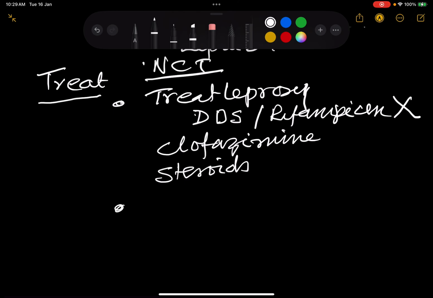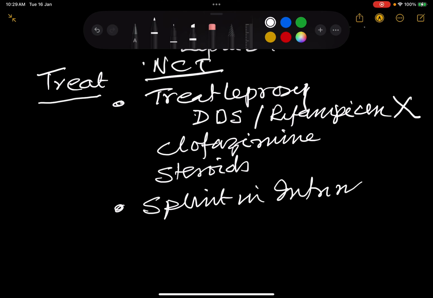Then you splint in intrinsic plus position, to prevent contracture.